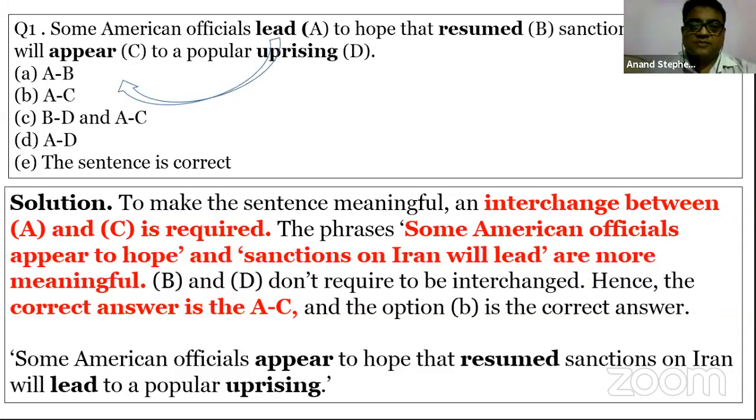The phrase "some American officials appear to hope" and "section on Iran will lead" are more meaningful, and B and D don't require to be interchanged. Hence, the correct answer is A and C. The answer would be B. Some American officials appear to hope that resumed section on Iran will lead to a popular uprising.